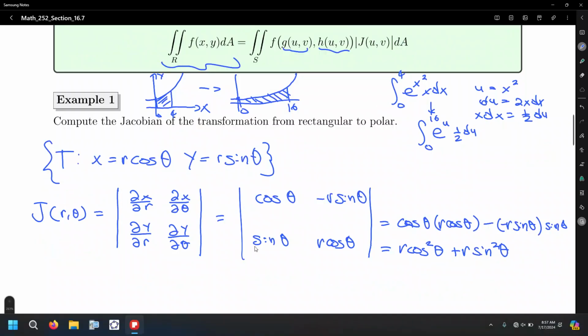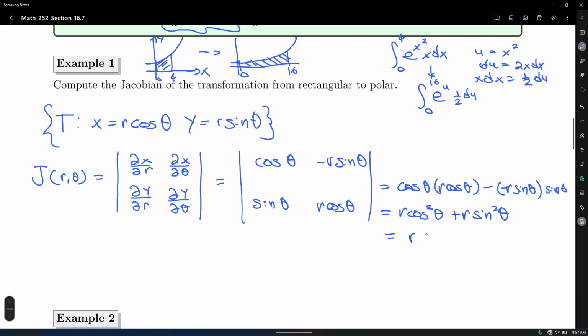Common factor, that's r. That's going to leave us with cosine squared theta plus sine squared theta, which is equal to 1. R times 1, that equals r. I wonder what's the meaning of that r.